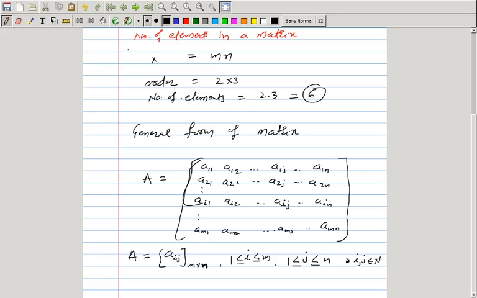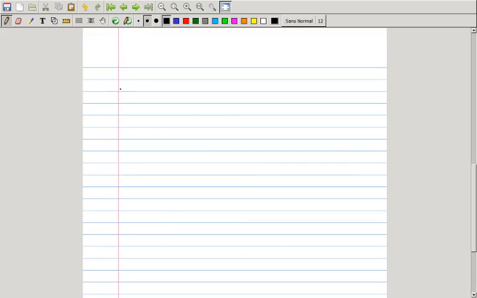Now let us look into a few examples of matrices. Let us say I have information regarding a company, right? There are three factories, first, second factory, and third factory, right?